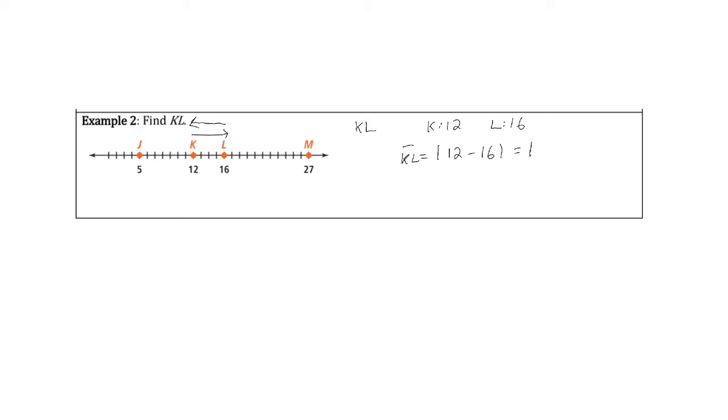So we get absolute value of -4, which is 4. You could also do LK, which would be 16 minus 12, which is also 4. Okay, so therefore, these 3 dots just represent therefore, KL is equal to 4. That's our solution.